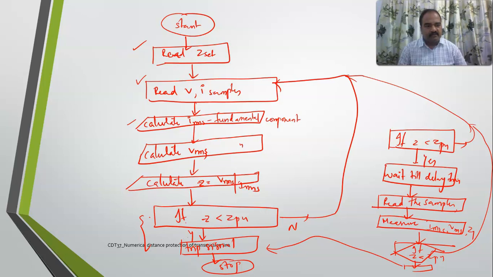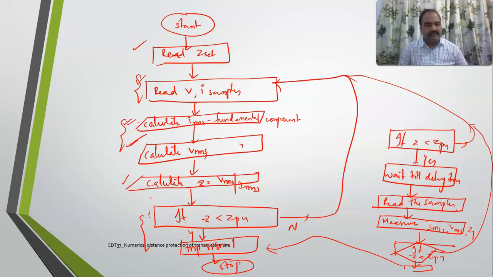PMUs will be giving you signals all the time with GPS stamping. Now from the samples which you have, you are supposed to calculate these things. You need to write a software code, and then you need to write another code for determining VRMS. Both will be the same, only the samples will be changing. Once you have these, you will be calculating these things. Next, a decision making if loop, and then you will be giving the signal outputs.